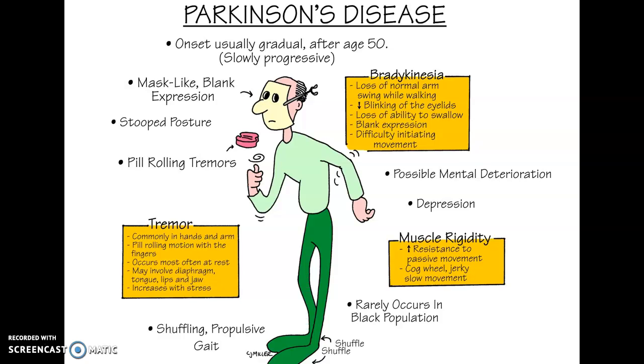There might be muscle rigidity, that is resistance to passive movement, cogwheel, jerky, slow movement, tremors. There can be tremor of tongue, lips, jaw, and it increases with stress, and shuffling propulsive gait. So this is the summary of the signs and symptoms of Parkinson's disease.